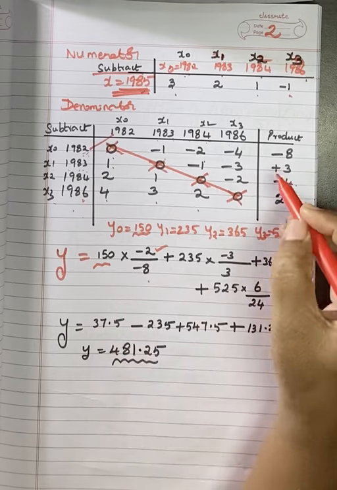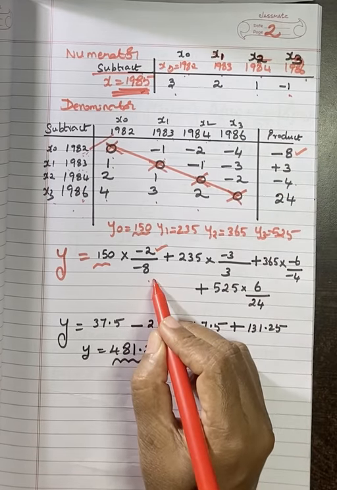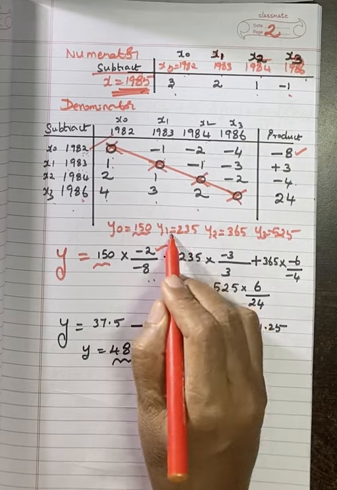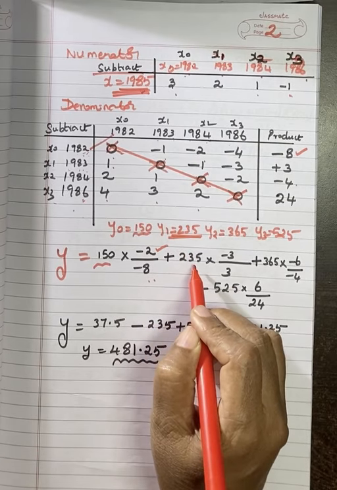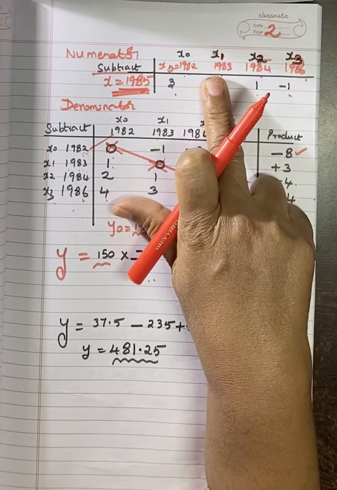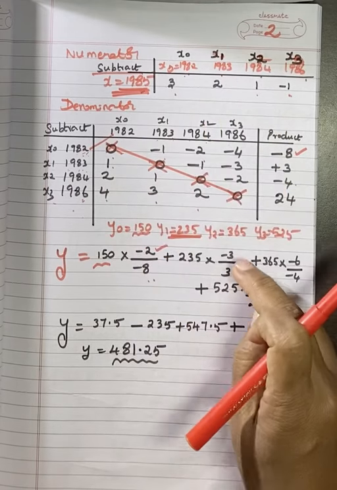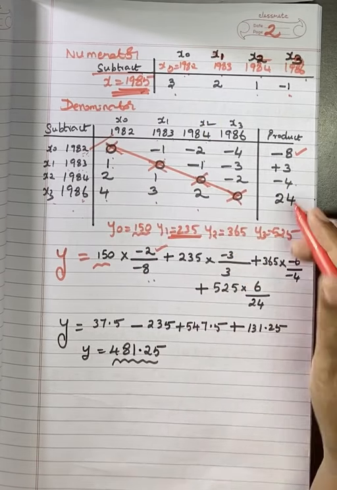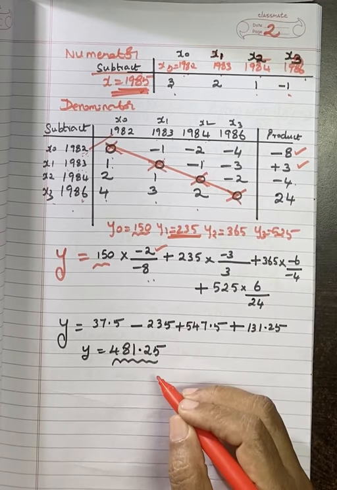First term denominator is minus 8, plus y1 into second term. Leave number 2, multiply the remaining numbers, it is minus 3. Second denominator is plus 3.